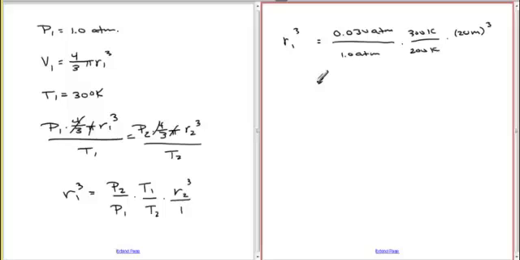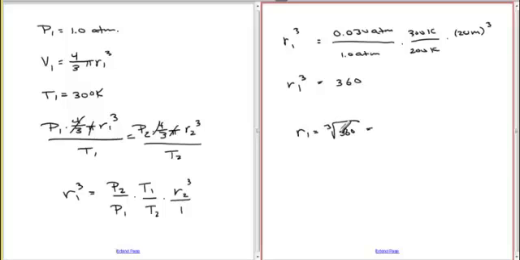So we got 20 cubed times 300 divided by 200 times 0.03 divided by 1. So I get R1 cubed is 360.